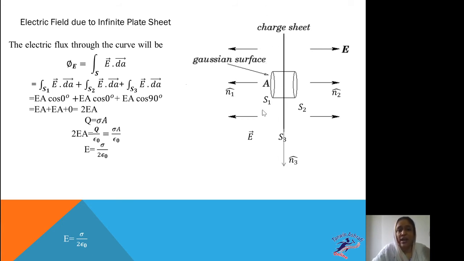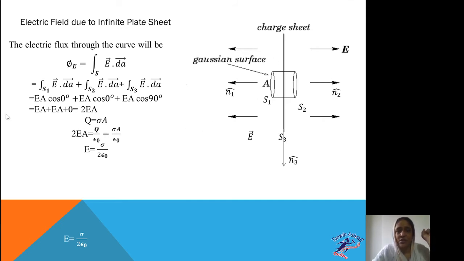So the flux due to these three surfaces is the flux due to the S1 surface plus the flux due to the S2 surface plus the flux due to the S3 surface. Now the S1 surface flux is E dot dA cos theta. Why? Because the normal of the area and the electric field are the same, parallel to each other.